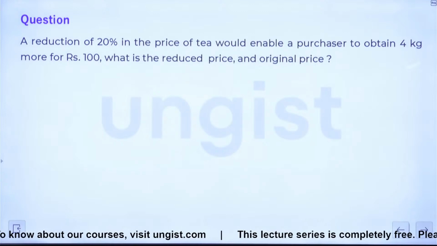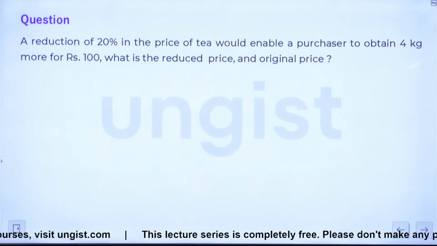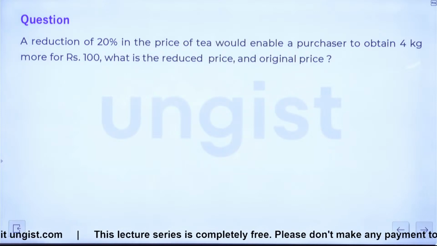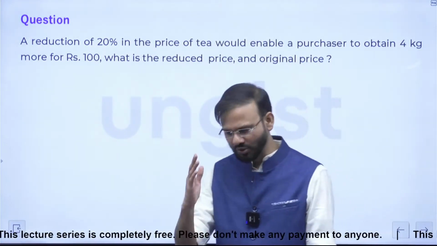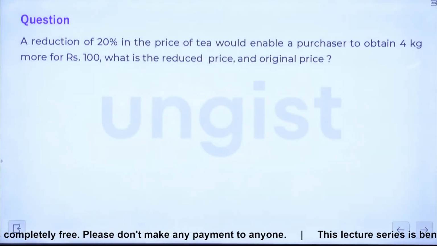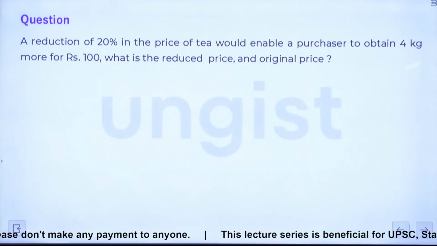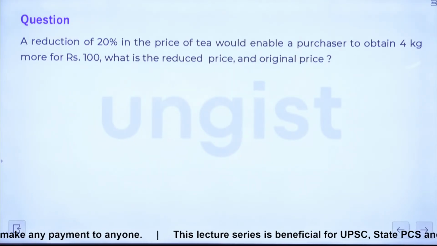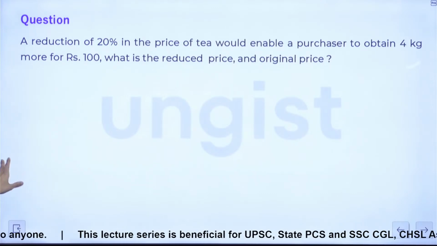So 5 is equal to 5 rupees. 5 rupees per kg, sir. Reduced price is 5 rupees per kg. Yes, it is correct. Guys, yes or no? देखिए क्या हुआ है, आप सोच के देखिए.